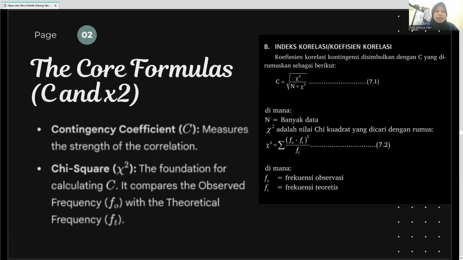We get this chi-squared value by comparing the observed frequency, which is from our actual data, with the theoretical frequency. Basically, we are just measuring how far the reality differs from our expected theory.